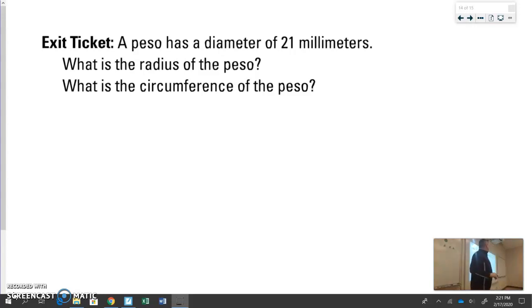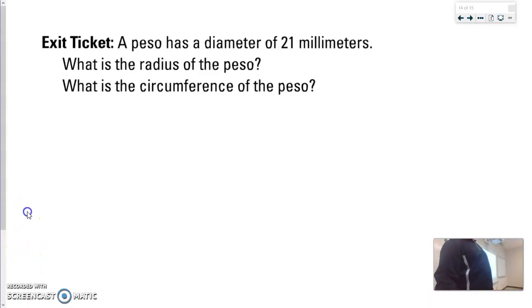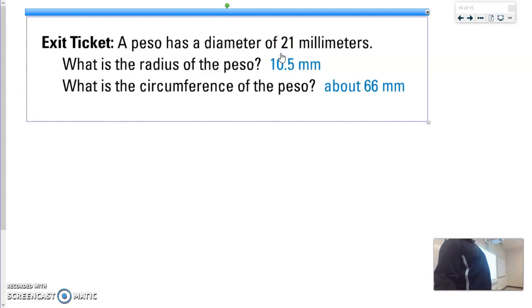Okay? And I know some people did 66 here because we got 21, which divides by 7 also. Okay? So in our answers, the radius, again, is 10.5, and it's about 66.